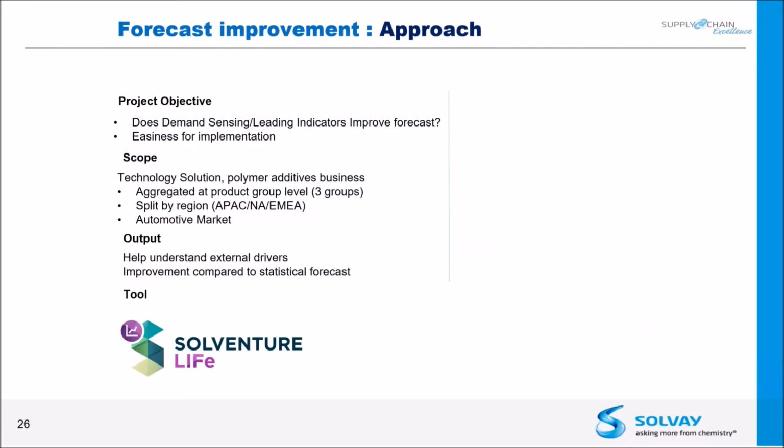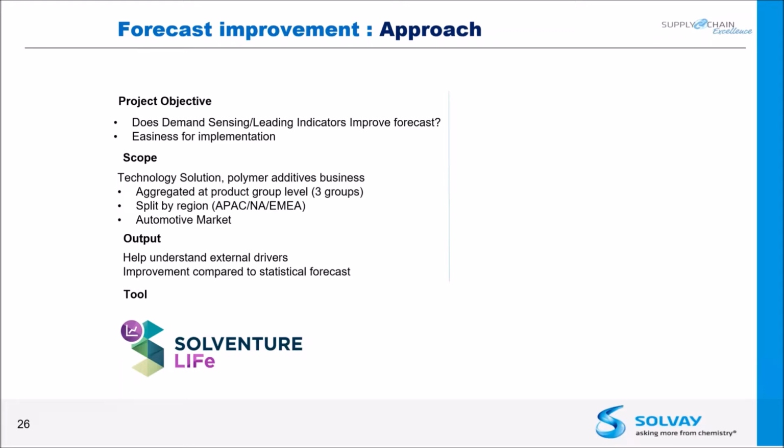So in terms of scoping, the clear question in the group was, does that bring value? And you will see the answer to that question in a few seconds. In terms of scoping, we worked with one of our business units, which is technology solution, and we limited the scope to one of their businesses, which is polymer additives.